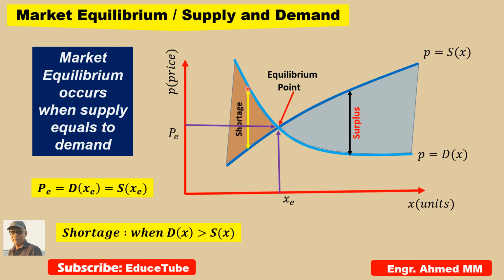When demand exceeds supply, it is a shortage. When supply exceeds demand, it is a surplus. See, supply greater than demand, surplus. Demand greater than supply, shortage. So it's very clear.